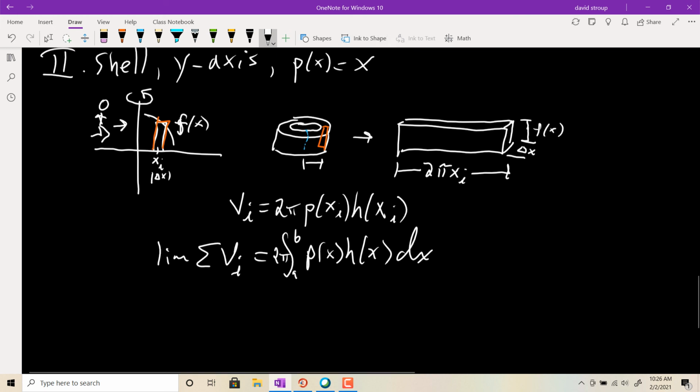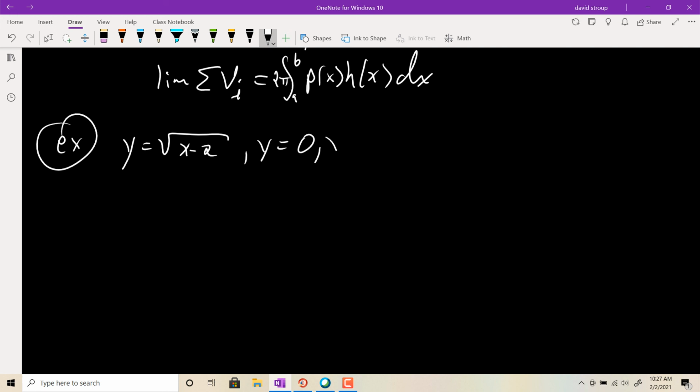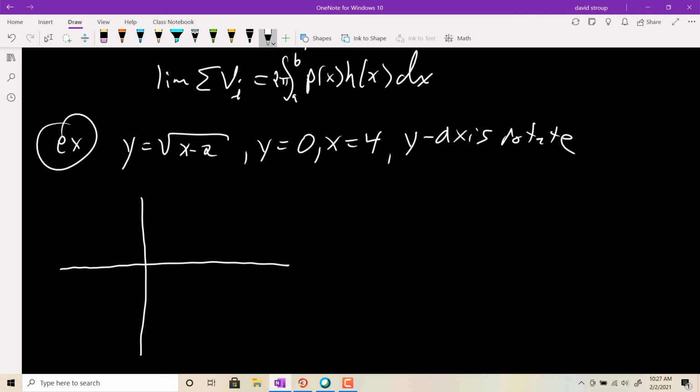Okay, so let's take a look at some examples and see what we get. So number 11, we have y equals square root of x minus 2, y equals 0, x equals 4. And we want to do a y-axis rotation. Let's get a picture. Square root of x minus 2 is a shifted version of the square root function. It goes over 2. At 2 it's 0.